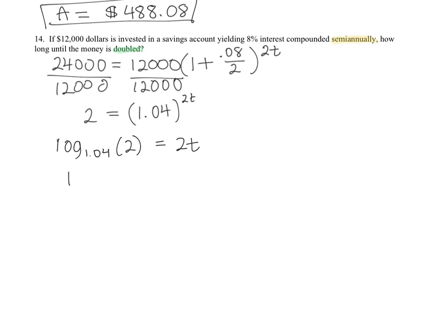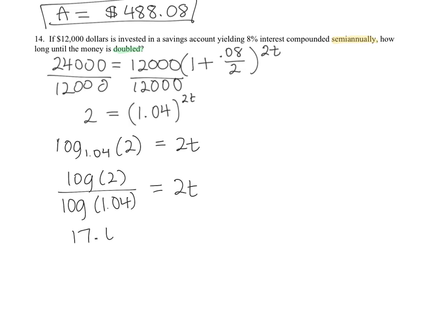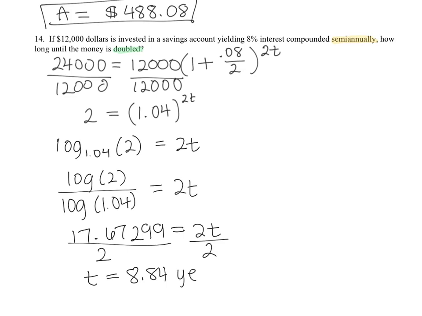Using our change of base, we're going to have log 2 divided by log 1.04 equals 2t. Dividing log 2 by log 1.04 gives us 17.67299 equals 2t. Then we're going to divide both sides by 2, and we get t equals 8.84 years.